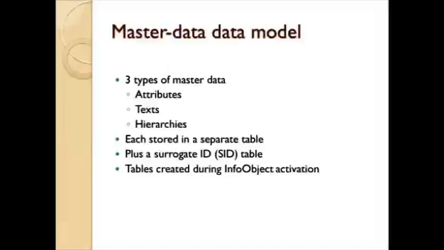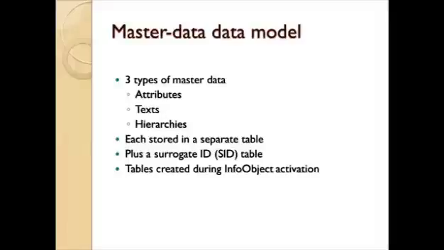First, for master data, the data model. Recall that we have three possible types of master data in BW. For each piece of master data, whether customer or material or employee and so on, we can have attributes, texts, and hierarchies.